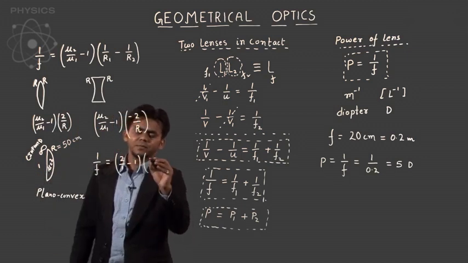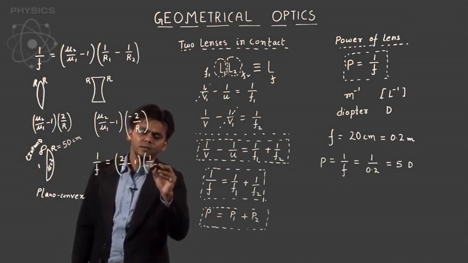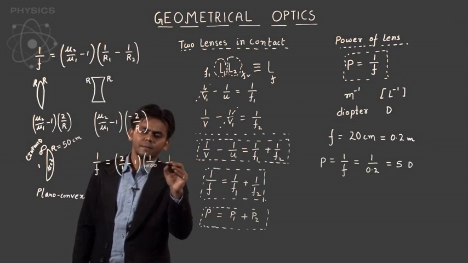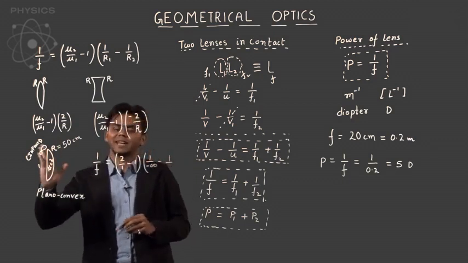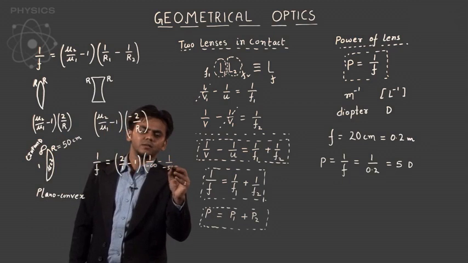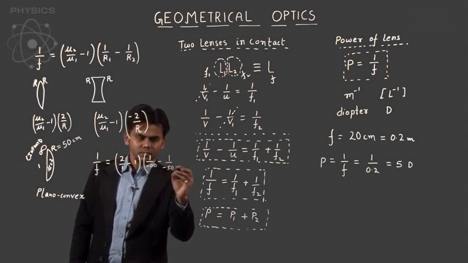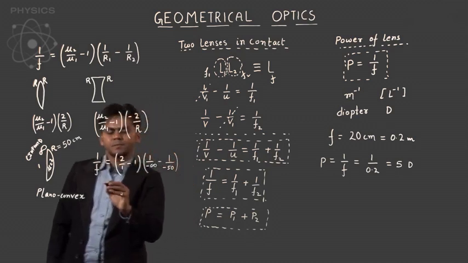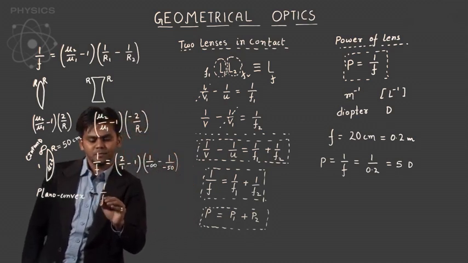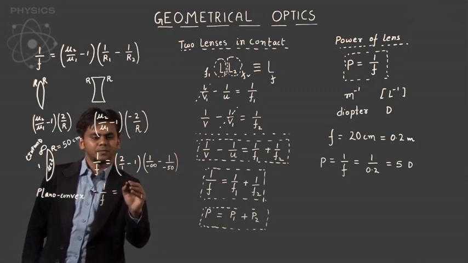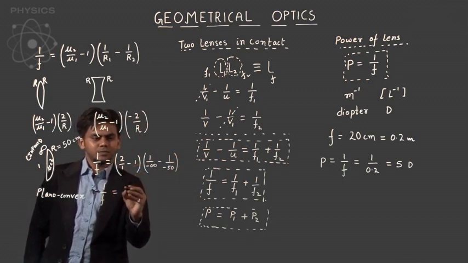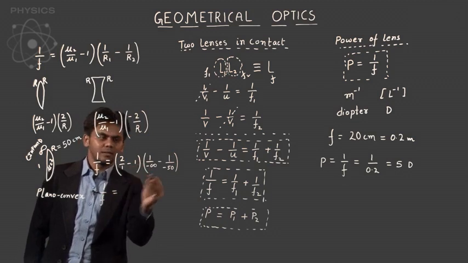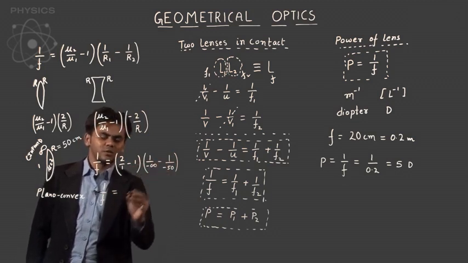Okay, so this would give you 1 by r1. r1 is the infinity, that to minus infinity, minus 1 by, this is to the negative side, right? So minus 50 centimeters. So 1 by f is equal to, this is your 2 minus 1, so 1, and this is your 0, this is your 1 by 50.